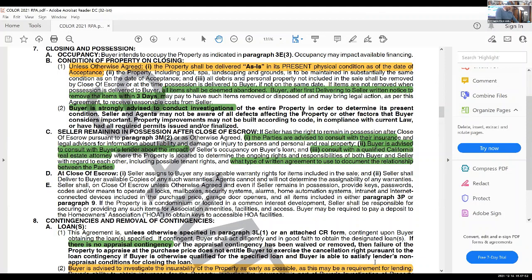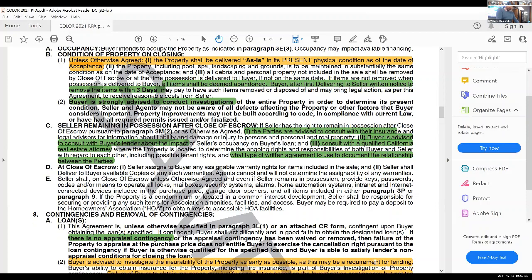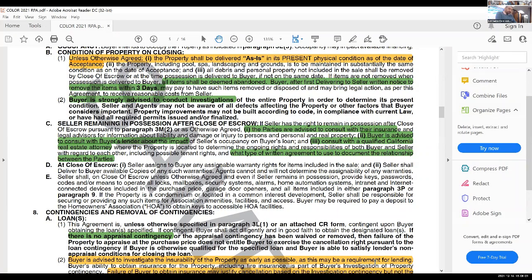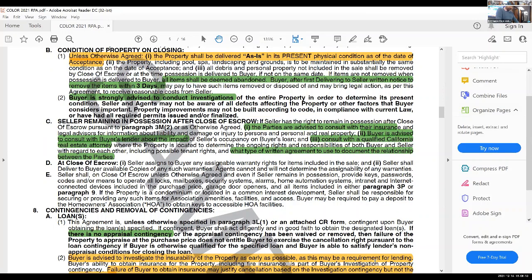But at the end of the day, it's not a contingency of closing. Seller may be in violation of the purchase agreement. So the buyer can still buy the property and close as the contract stipulated, and they have the right to then sue the seller for violating the contract and not maintaining the property. So just because they buy it doesn't absolve it. We're not selling used cars down the road where if the engine breaks up, sorry, but that's not what we're doing here.